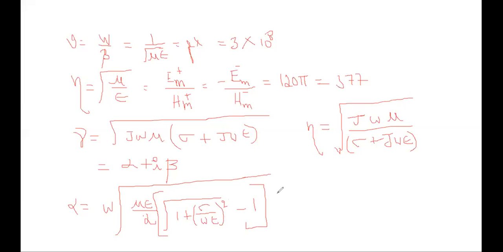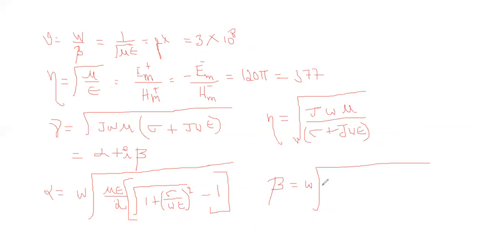The same thing we get in beta also. Beta is equal to omega times the square root of mu epsilon by 2, multiplied with the square root of 1 plus sigma by omega epsilon whole square, plus 1.